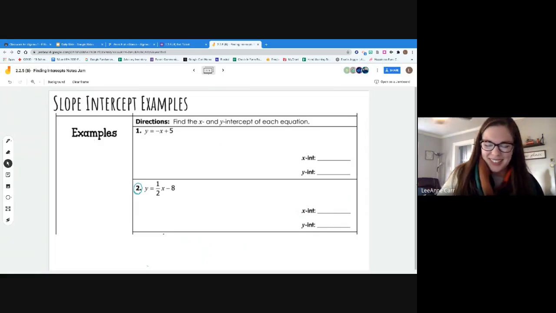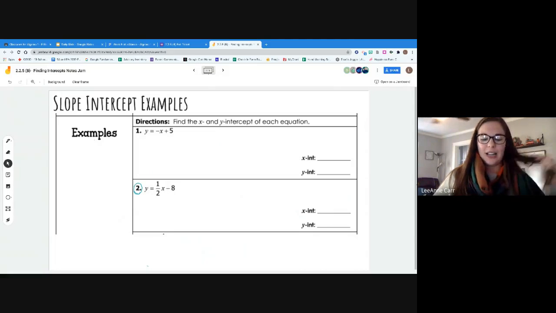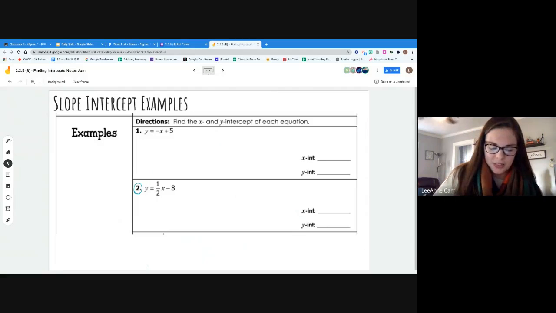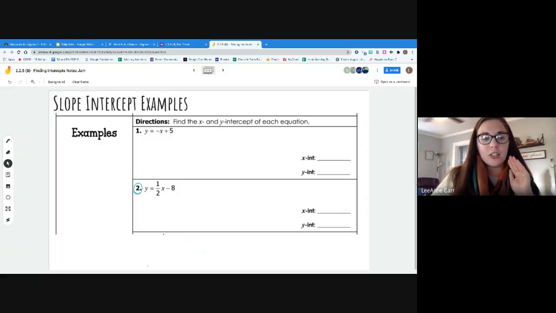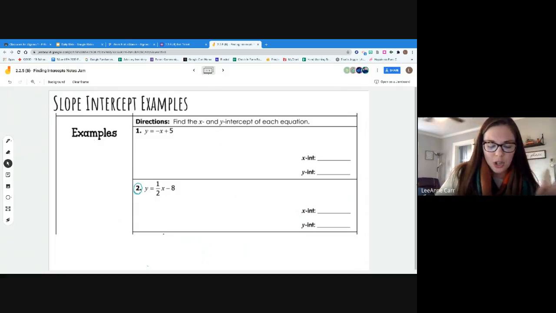All right, so our goal here is to find the x and the y-intercept of each equation. I don't care which one we solve for first. You guys have a preference, x or y? All right, Maddie says y, so let's do it. Now, if you're going back to our previous lessons, we should already know that our answer needs to be -8.